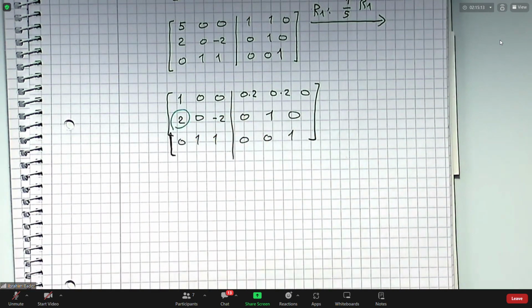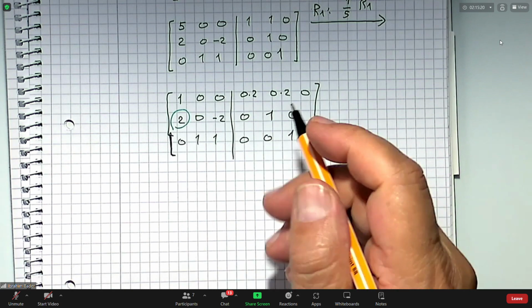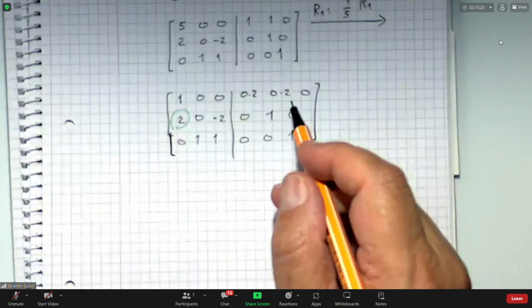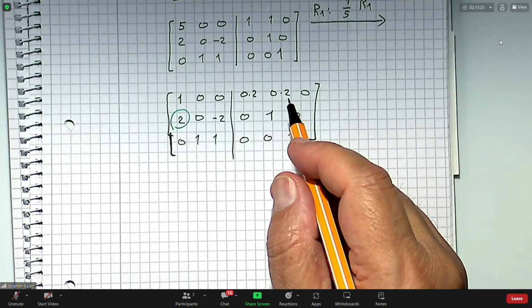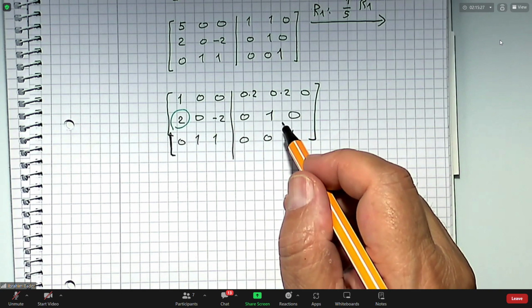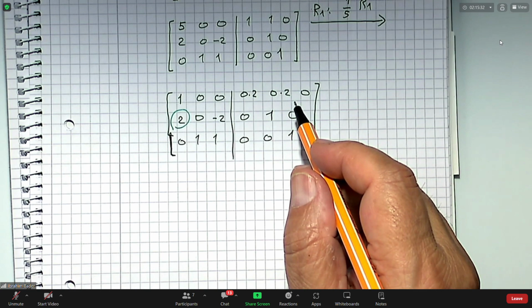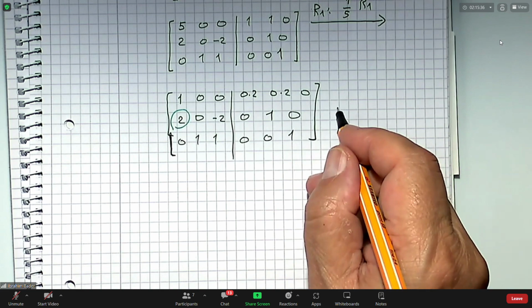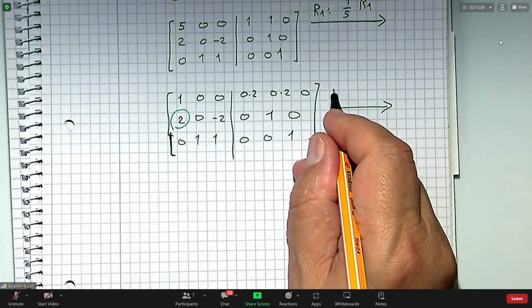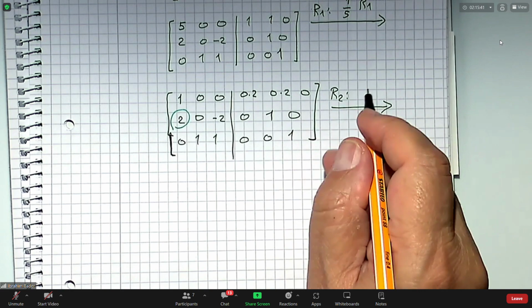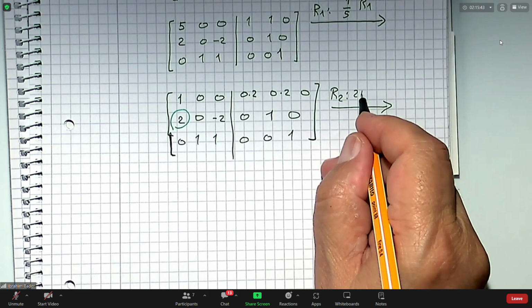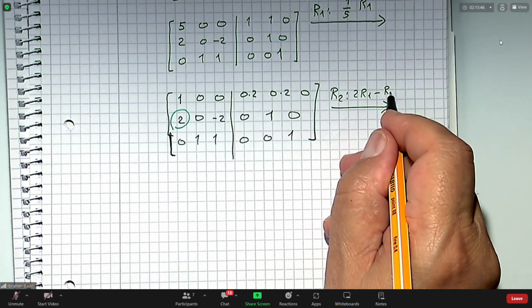As you see here, R2 is replaced by 2 R1 minus R2.